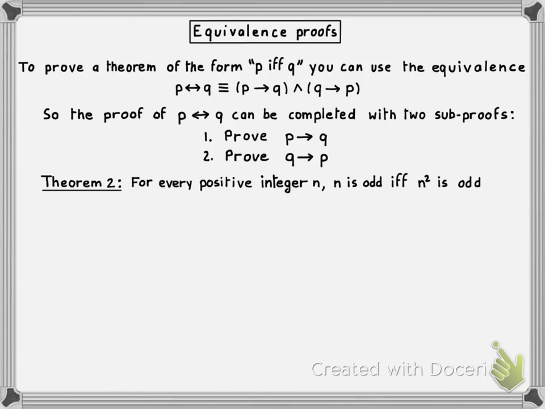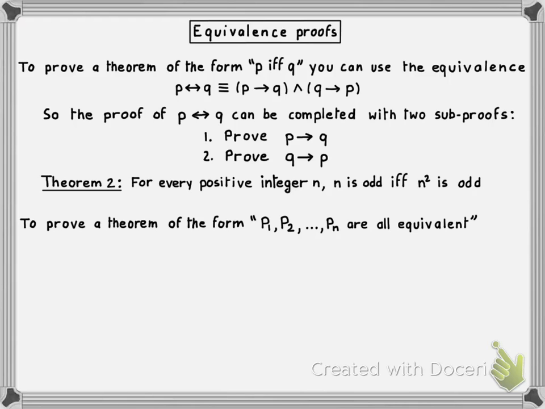Well, it turns out some theorems are even more complicated than stating an equivalence because they state several equivalences. In fact, some theorems are stated like this. They say proposition P1, proposition P2, ..., proposition Pn are all equivalent. And what it means is that P1 is equivalent to P2, P2 is equivalent to P3, ..., Pn minus 1 is equivalent to Pn.